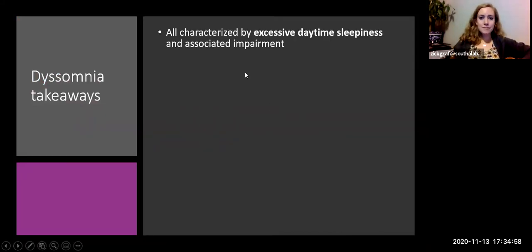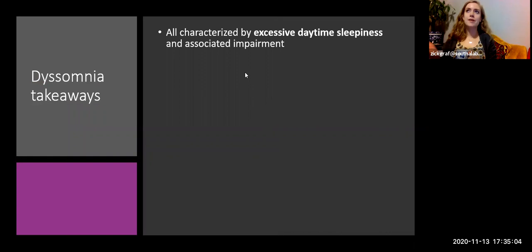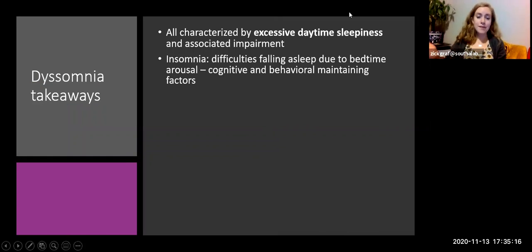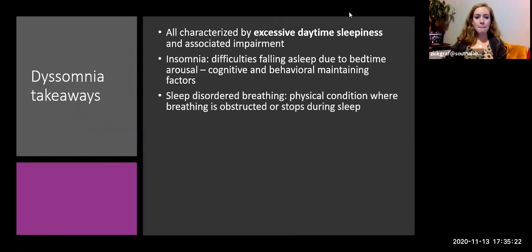Okay, so basically what all dysomnias have in common is that they tend to be characterized by excessive daytime sleepiness. That's often the complaint that brings people into the sleep clinic. Insomnia is difficulties falling asleep due to bedtime arousal, with cognitive and behavioral maintaining factors. Of all the dysomnias, this is the most psychological, behavioral, cognitive one, and the least physical, medical one.